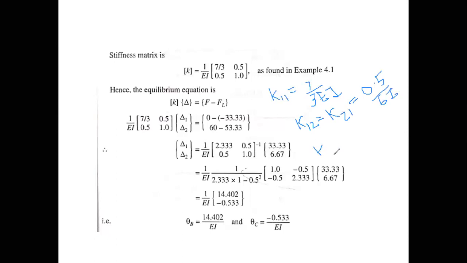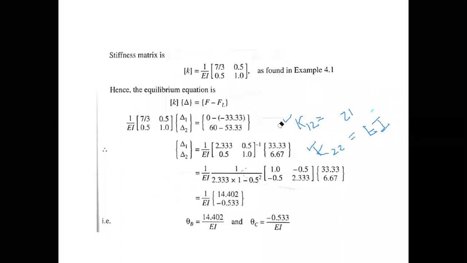And the value for K22 was simply EI. So we have put all these stiffness components into this matrix, and that completes the stiffness matrix.